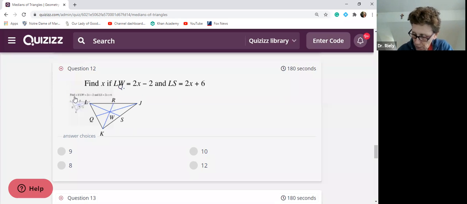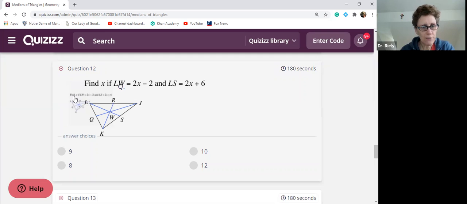So if LW equals 2x minus 2, and LS equals 2x plus 6, so LS is the entire piece. Okay, so I know that 2/3 of LS, so 2/3 of (2x plus 6), equals 2x minus 2.